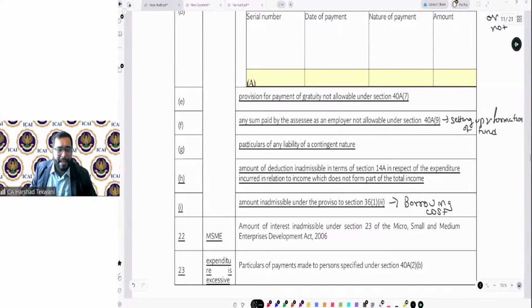Like any amount debited to profit and loss account for any liability of a contingent nature, or any amount debited to profit and loss account being inadmissible under the proviso to section 36(1)(iii). If that is the case, then only I need to report here. So that's why I'm saying it is for clause 21, in continuation of whatever we were discussing.